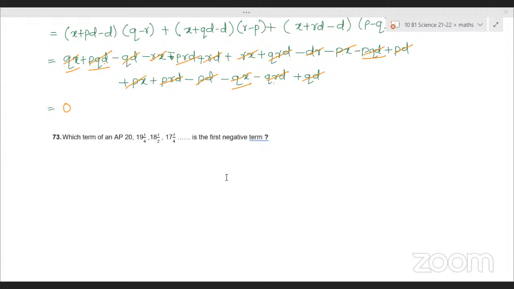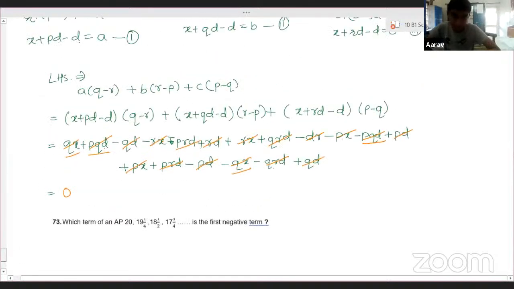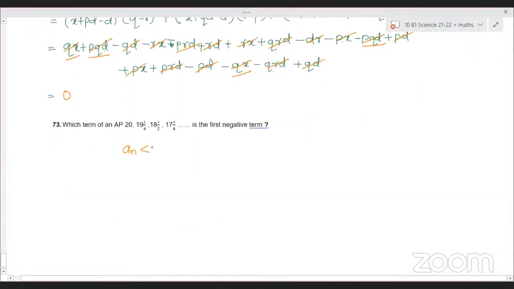Solve this answer. Have you got it? Amrit, getting 29? Yes, ma'am. We need a_n less than 0. A plus (n minus 1) into d is less than 0.